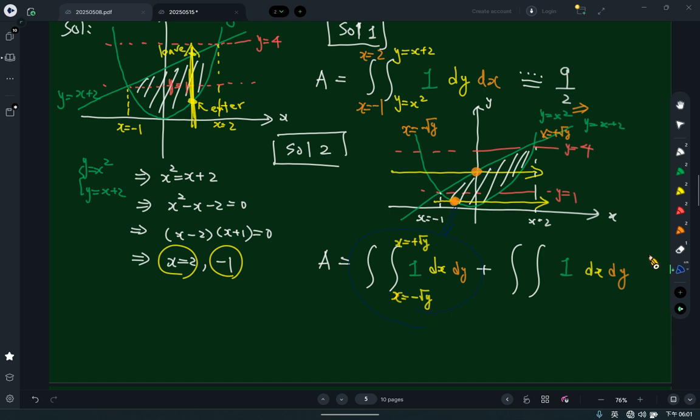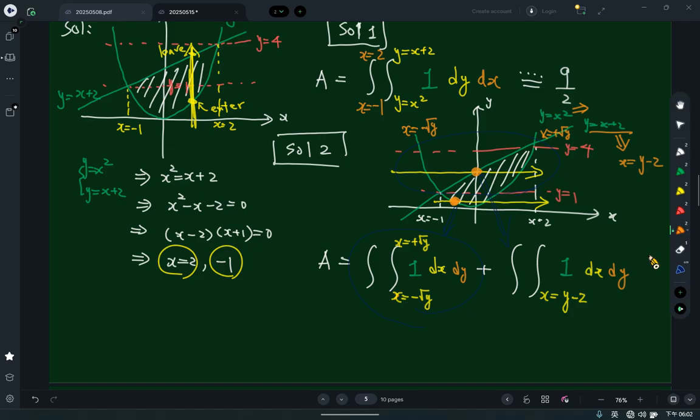And this part will go from s is equal to y minus 2, because we need to reformat the line to become s is equal to y minus 2.